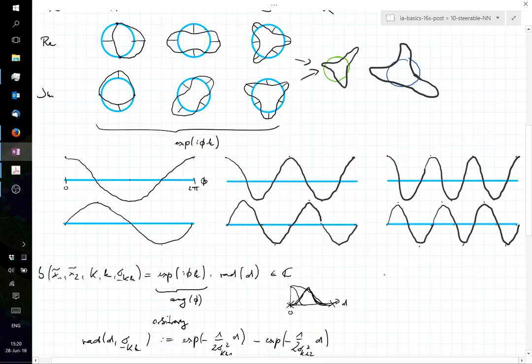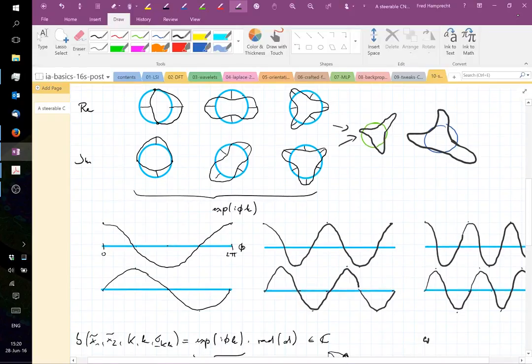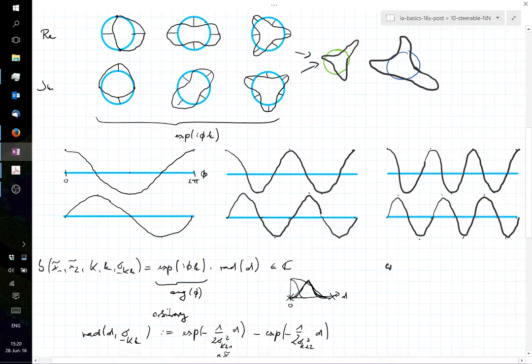So the W from below, I called them W_KL. Those are the coefficients of a polar or an angular Fourier transform.